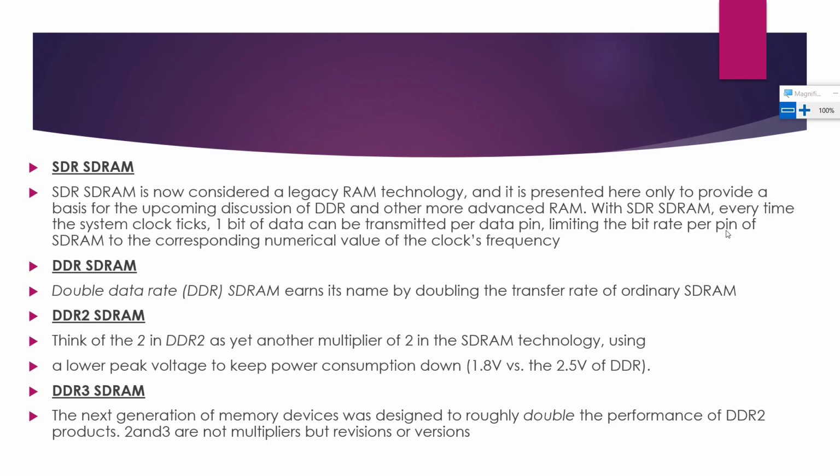So it's limiting the bit rate per pin. Suppose there are 240 pins, but it is not one bit per pin. Maybe it sends you 500 bits instead of 240 bits. So the 500 bits have to wait a little to be received by the pins.